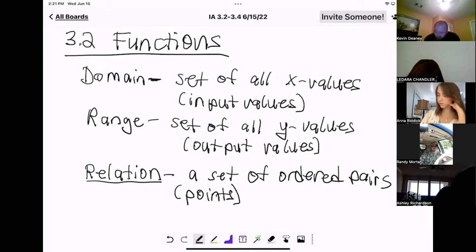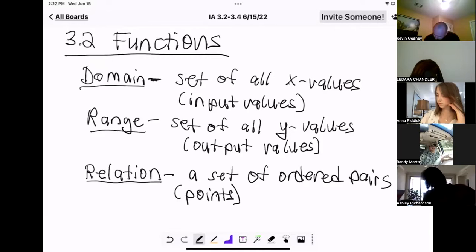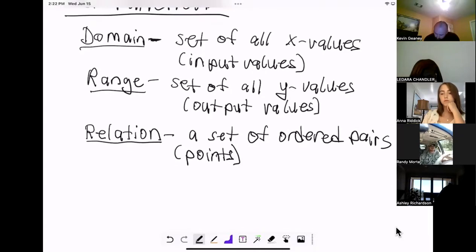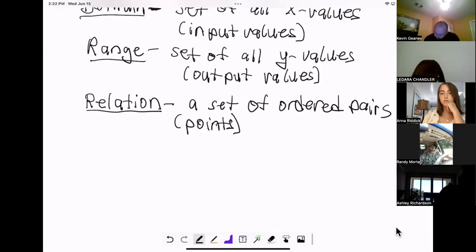We're going to talk about a special relation in a little bit, but I want to show you how to do domain and range real quick. There's also different ways to look at domain and range. I'm going to scoot it up a little bit, and we're going to do a couple examples.